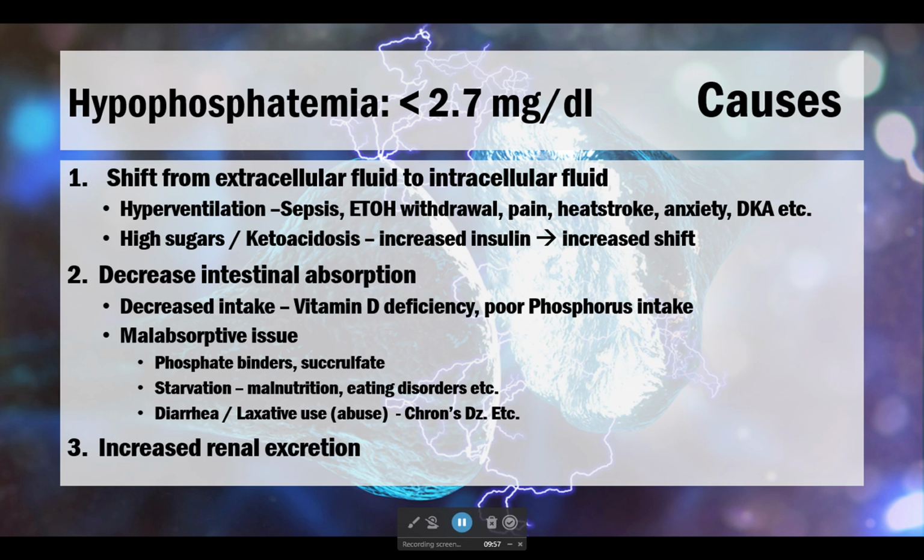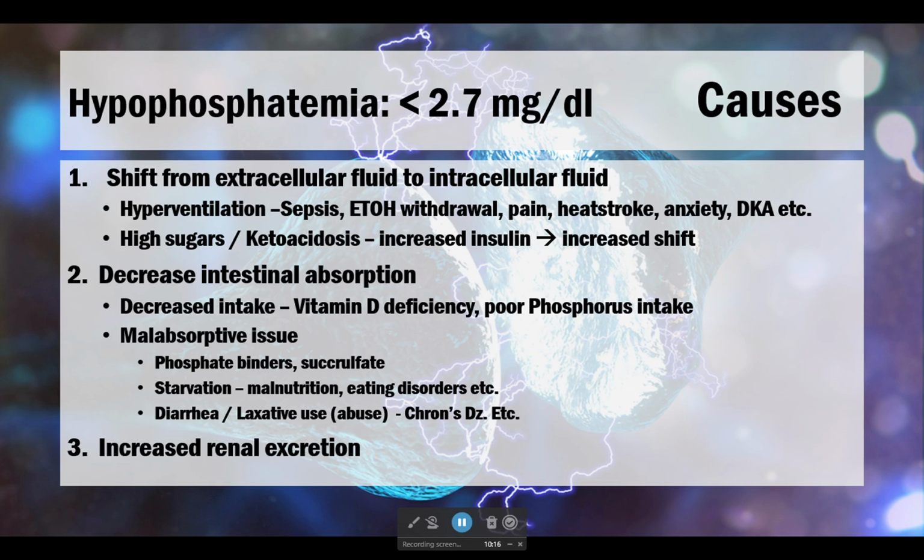You're removing it, or it's moving through so quickly it doesn't have a chance to absorb. Diarrhea moves everything through the stool quickly. Laxatives do the same thing. So those are places in which the gut doesn't have enough time to absorb.